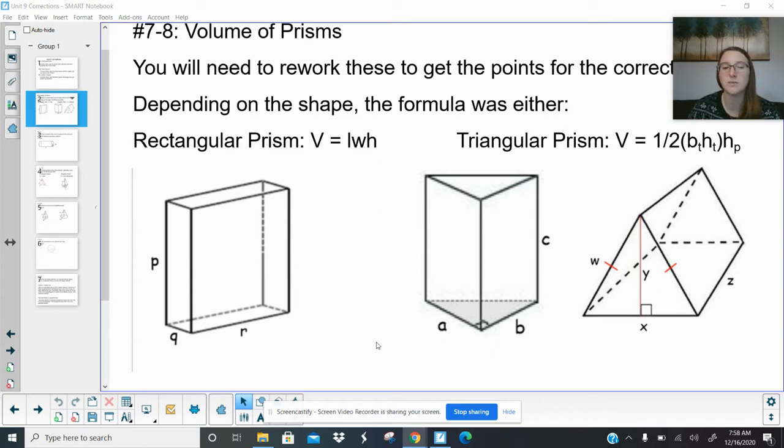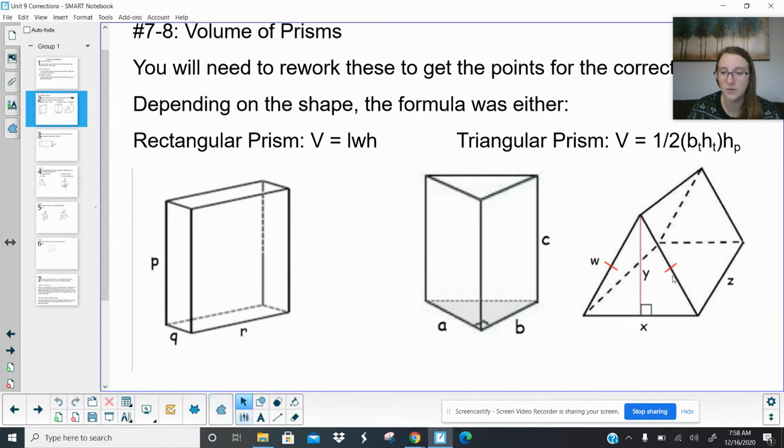Over here, this one was a little bit trickier. If you got this question, we only need the base of the triangle, the height of the triangle, and the height of the prism. W is none of those. This slanted side here is not considered a height, and in this case, it's not considered a base. X is the base of the triangle.